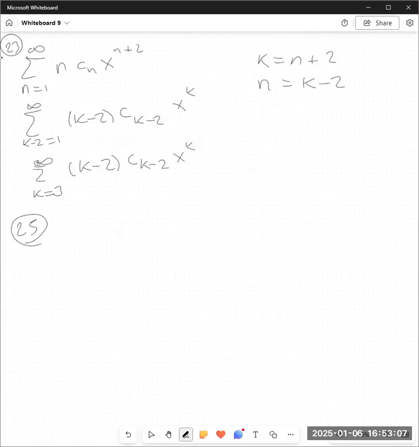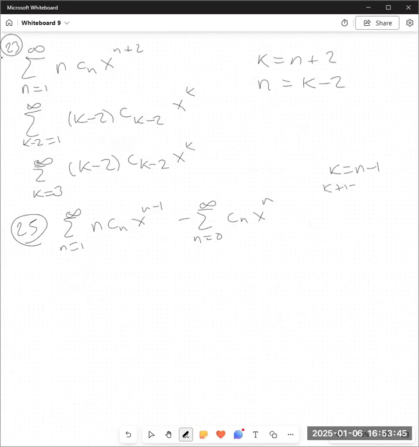Number 25 is the summation from n equals 1 to infinity of n c sub n x to the n minus 1, minus the summation from n equals 0 to infinity of c sub n x to the n. And they want us to write everything in terms of x to the k. So the main thing I need to do here is on this left-hand one, k equals n minus 1.